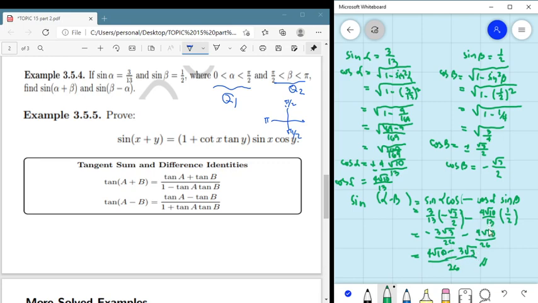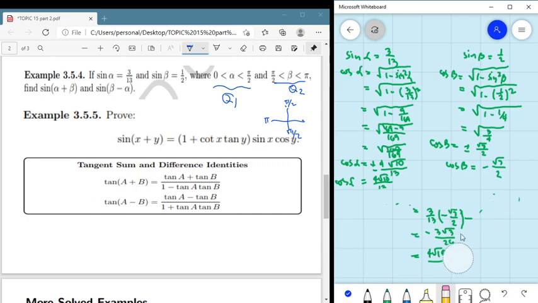Then, sine of beta minus alpha, manday natin pa, itong usbon.